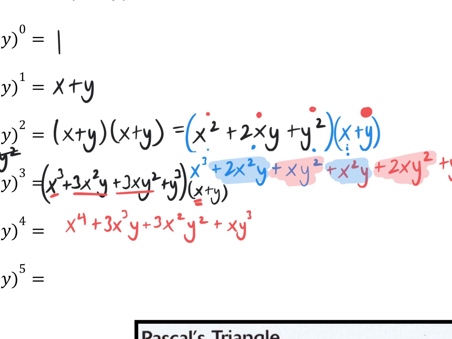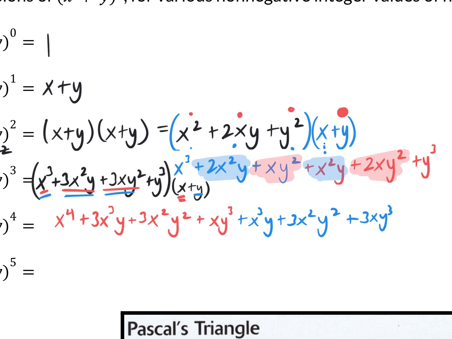Good so far? Okay, then I'm going to multiply the y with each term. So I've got x cubed y plus 3x squared y squared plus 3xy to the third plus y to the fourth.